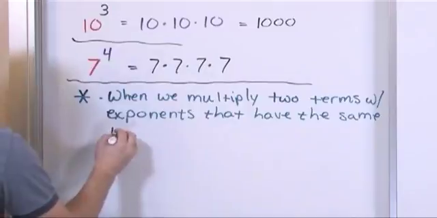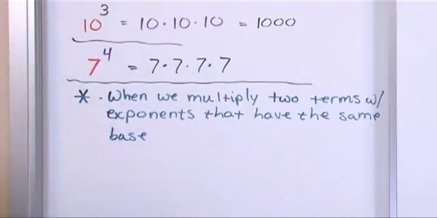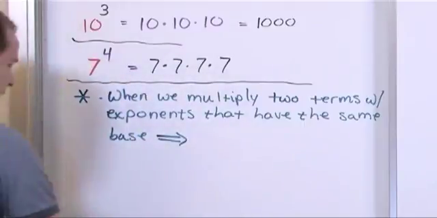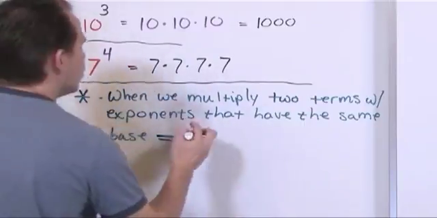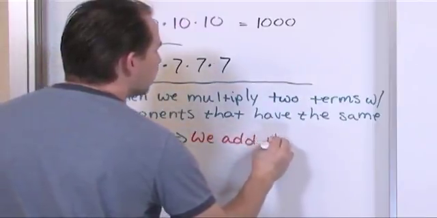That's why I introduced the terms before. So now you know the base is the bottom number here. When we multiply two terms together that have exponents and they have the same base, then in that case, I'm going to change colors to make it a little bit easier to read, we add the exponents.